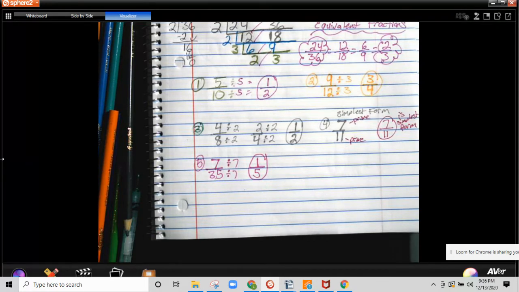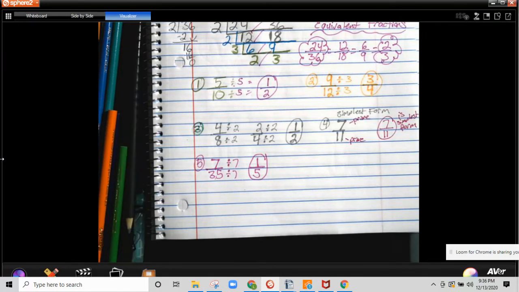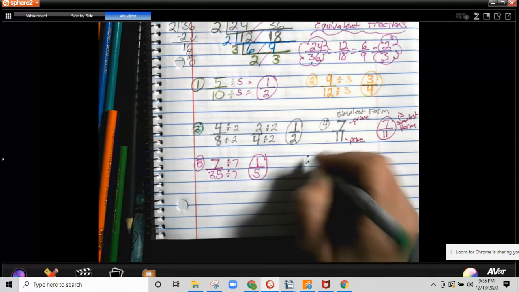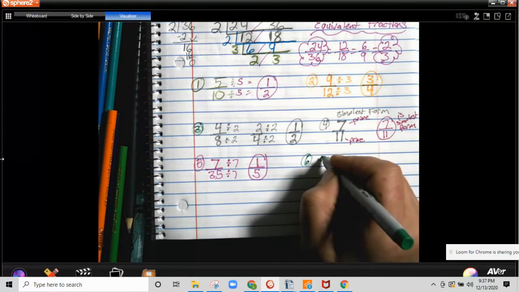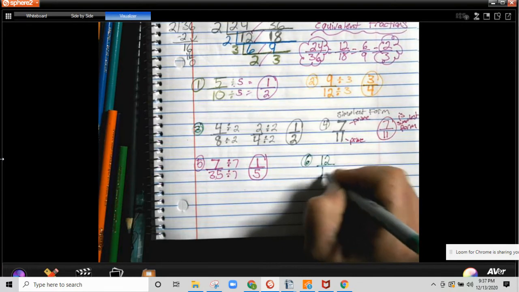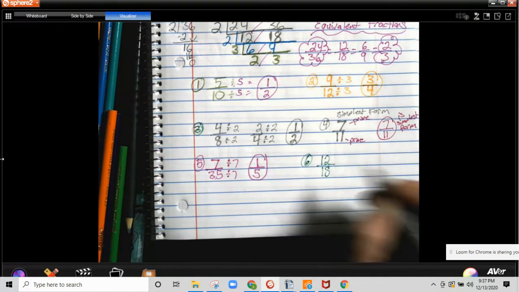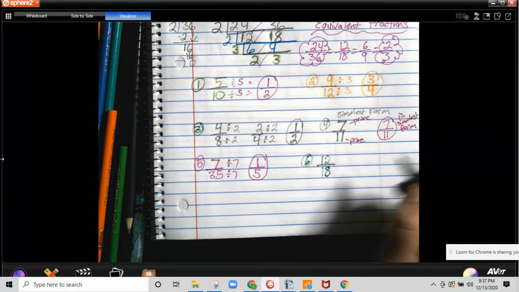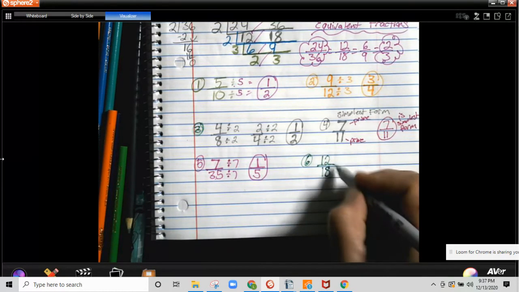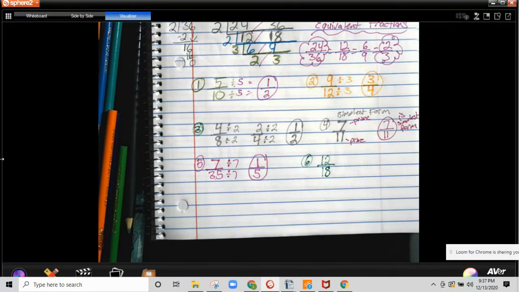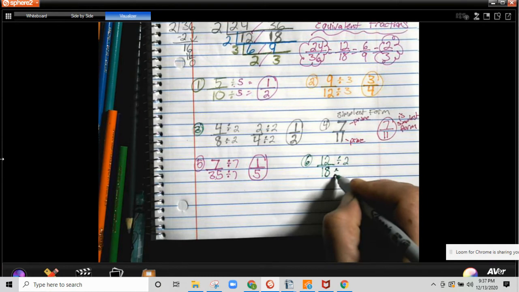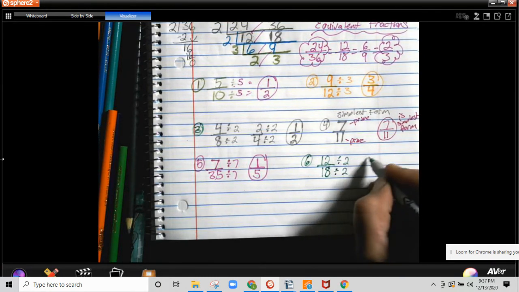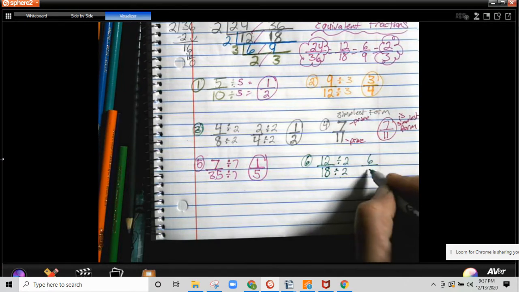All right, let's do one more. So what if I have 12 over 18? I need to think what number goes into both 12 and 18. So I can pick 2 because they're both even. 12 divided by 2 is 6. 18 divided by 2 is 9.